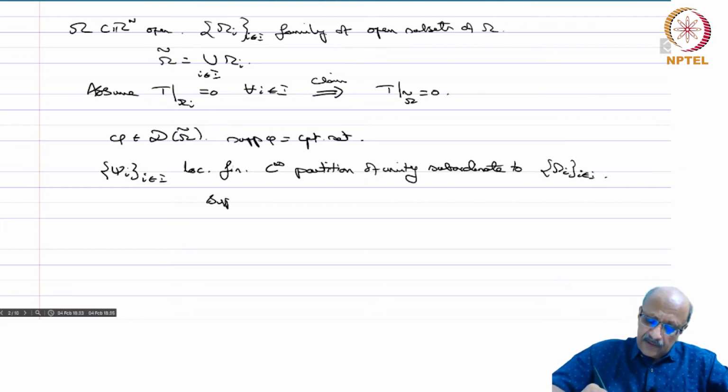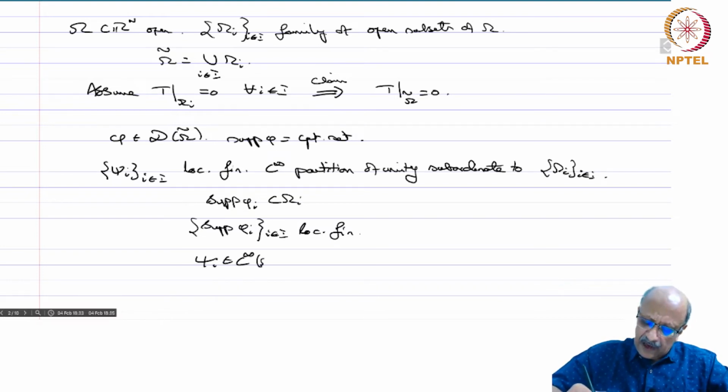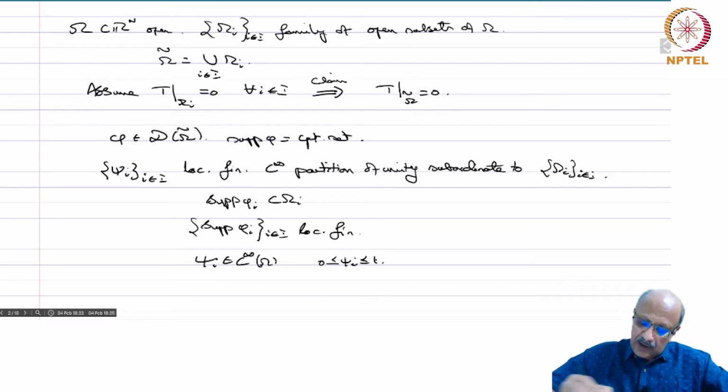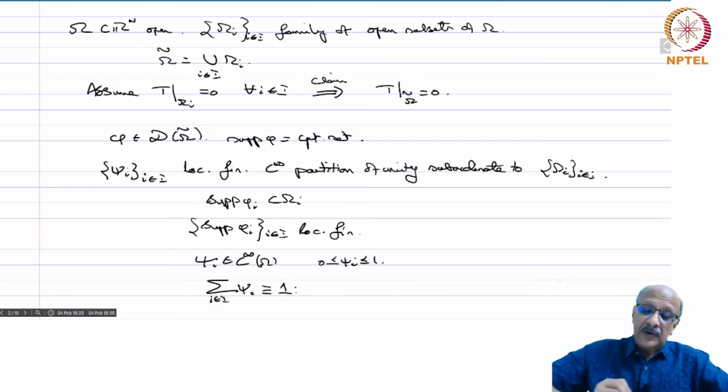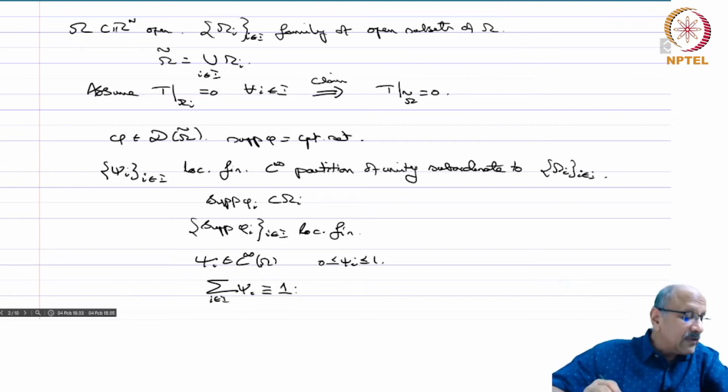Support of ψ_i is contained in ω_i, support of ψ_i, i in I, is locally finite, ψ_i is in C infinity of ω, and 0 ≤ ψ_i ≤ 1, and finally the sum over i in I of ψ_i is identically equal to 1. So this is the locally finite C infinity partition of unity, which we know always exists.